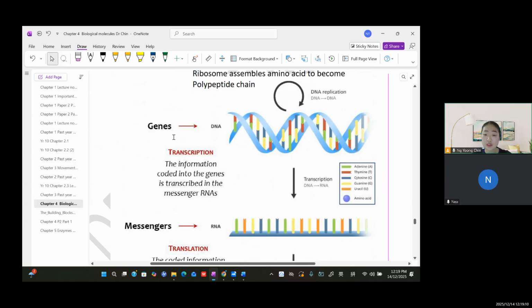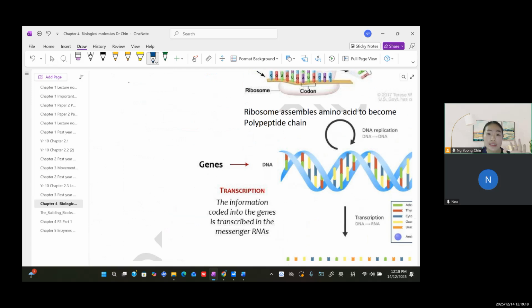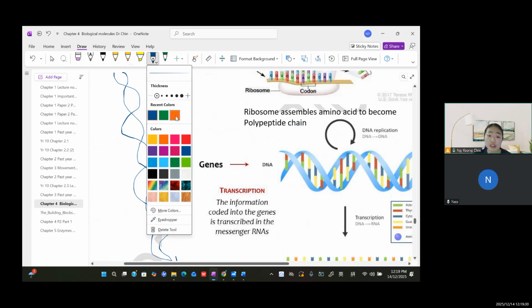So this is a gene. What is meant by a gene? You should be able to differentiate that gene and DNA are different things. DNA is like this, a whole strand, very, very long, with no ending. Whereas the gene refers to a specific region, a short length of the DNA.